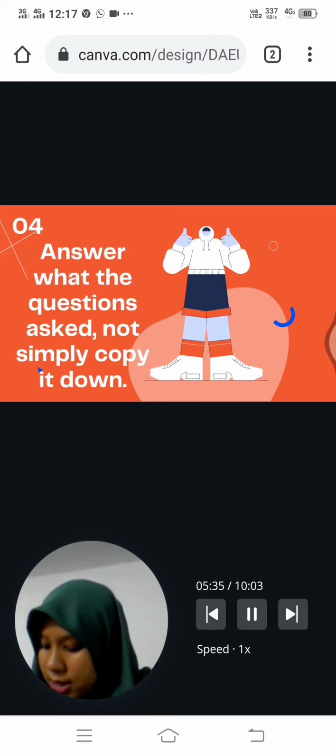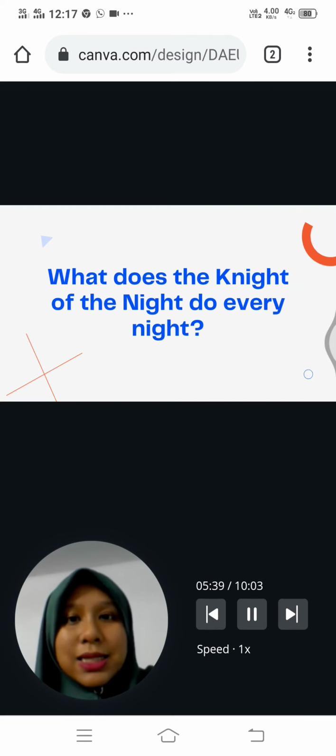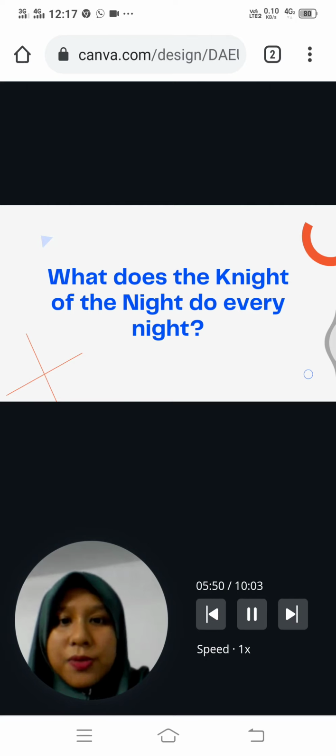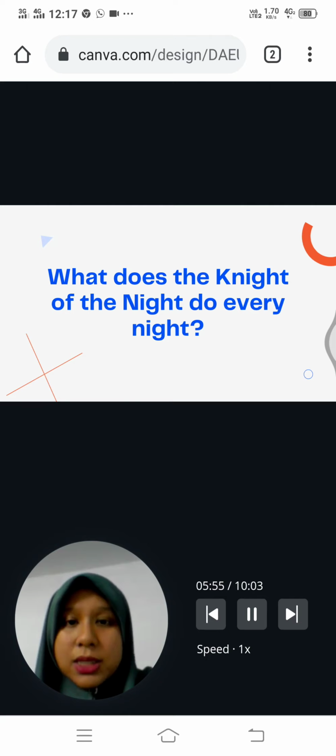The first question says, what does the Knight of the Night do every night? So what is the answer you think? It's very simple. For the first question, usually it is at the top of the story.